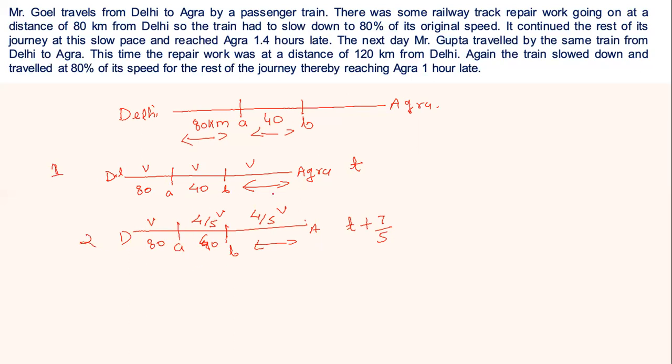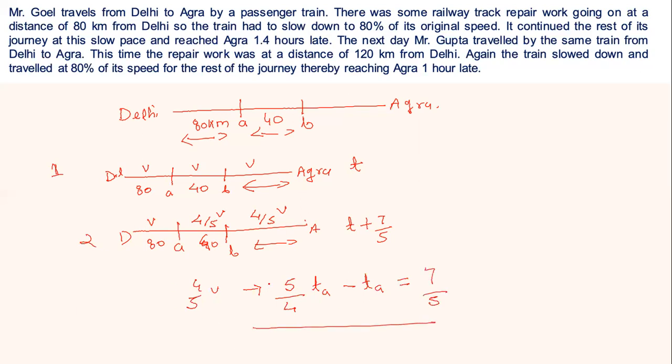Now, if the speed from point A to Agra has become 4/5 V, how much will the time change? 5/4. Say I take the A to Agra time as TA. Normally it takes TA. So it changes by 5/4 TA. It becomes 5/4 TA. It is given that this new time minus the original TA is equal to 7/5.